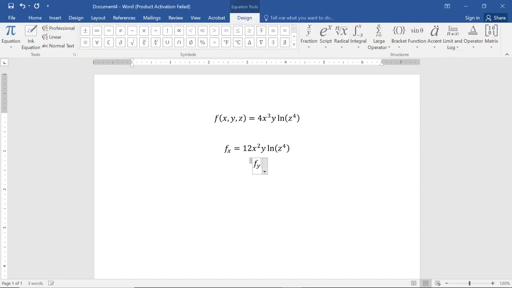First derivative with respect to y is going to be, well, again, this is y to the first. So 4x to the third, natural log z to the fourth, those just act like coefficients, and then derivative of y is just 1. So we get 4x to the third times natural log of z to the fourth.